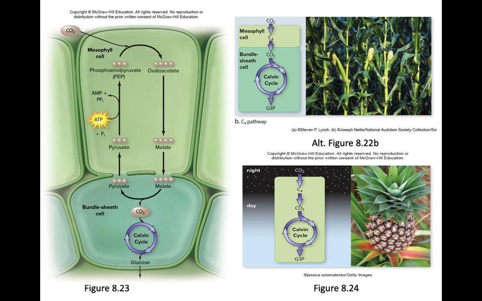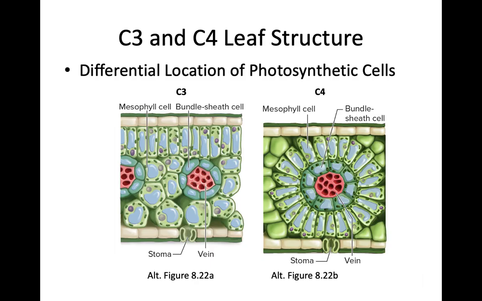And then my fig that I showed you earlier is a C3 plant. So here's a different illustration of the structure of the cells in C3 versus C4 plants. In the C4 plants, the mesophyll cells surround the bundle sheath cells so that they can bind that CO2 to malate before they shuttle it into their day job in the Calvin cycle inside the bundle sheath cells.